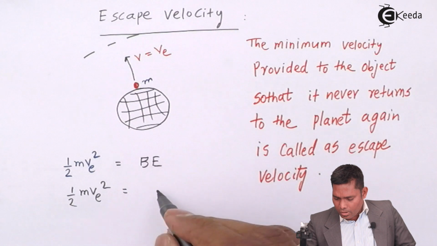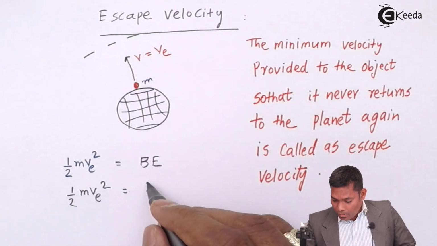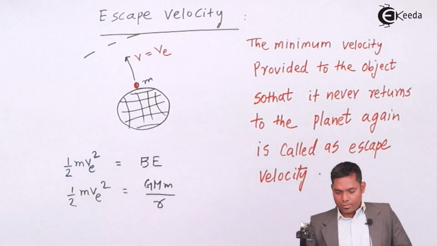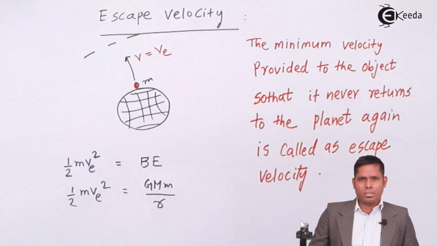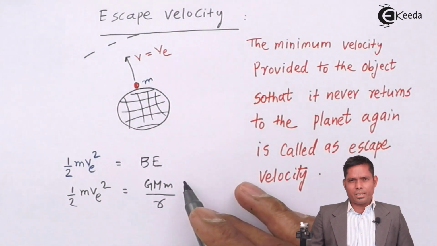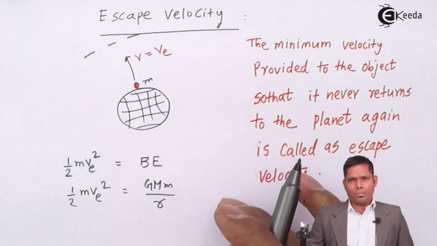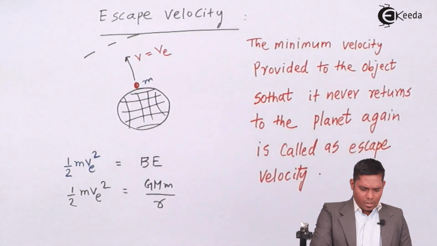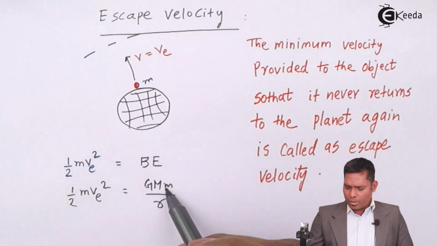half m v square equals the binding energy of an object resting on the surface of the Earth. The binding energy is GMm over R, that we discussed in the last video. The kinetic energy is 0, the potential energy is minus GMm over R, make it positive, that is the binding energy. So from here, I'll cancel out m, which is common on both sides.